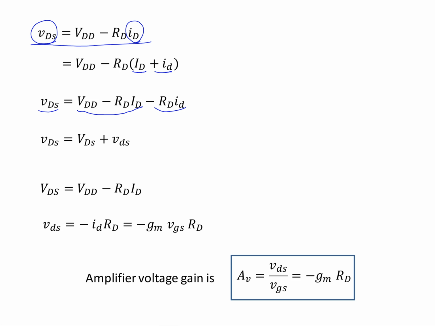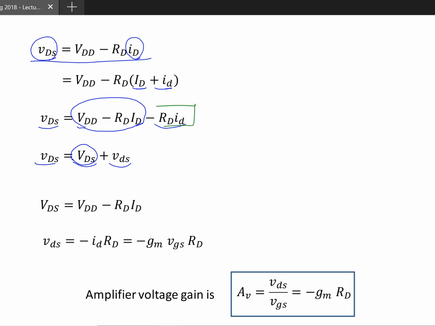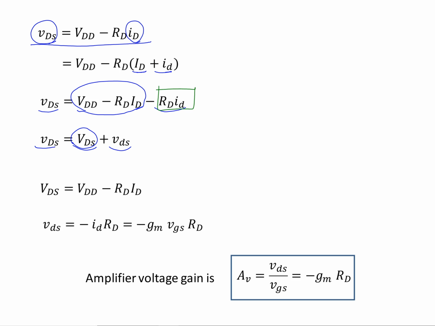This tells me that I can write the total instantaneous VDS as a summation of a DC part plus an AC part. This is the DC part of the drain to source voltage, and this term here is the AC part of the drain to source voltage.